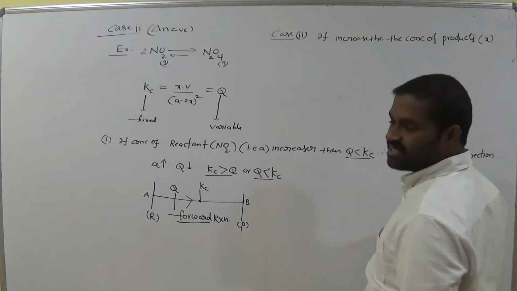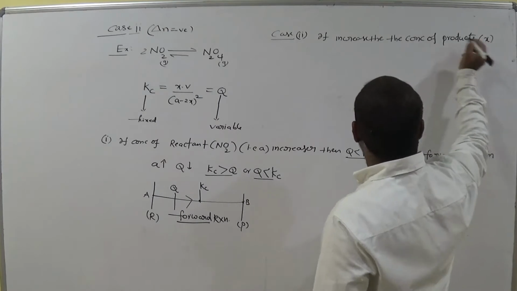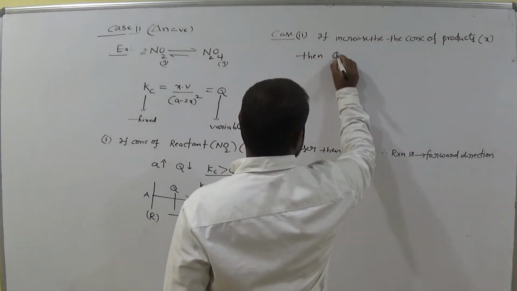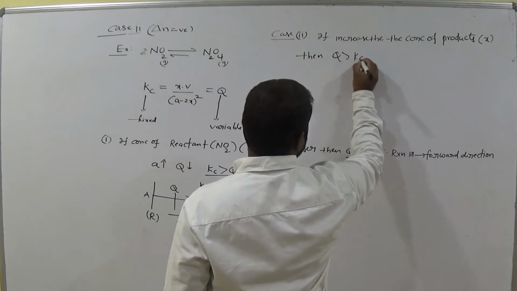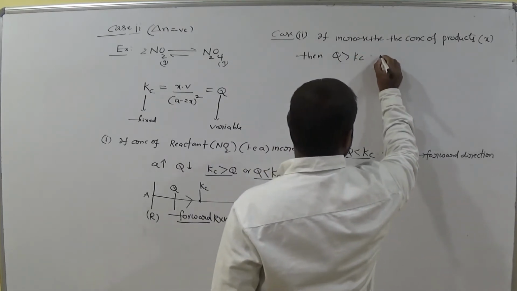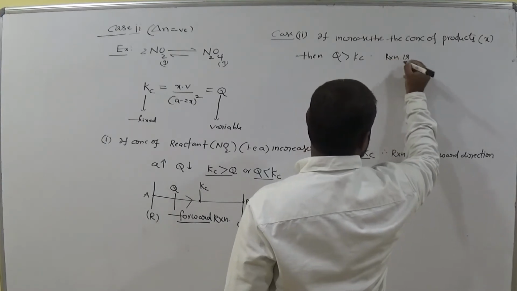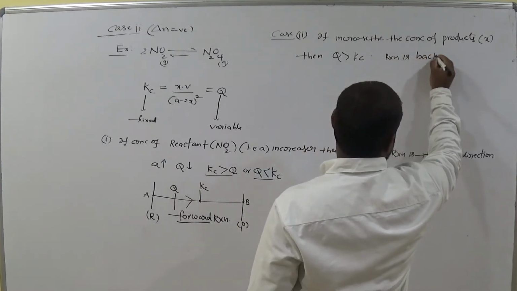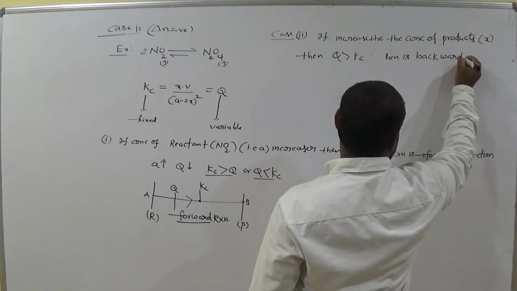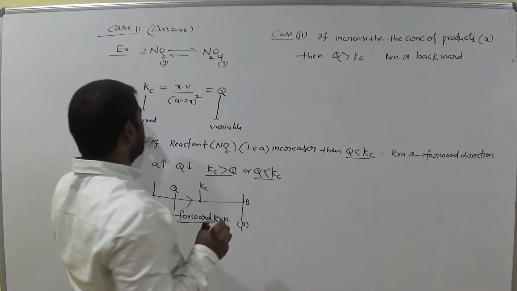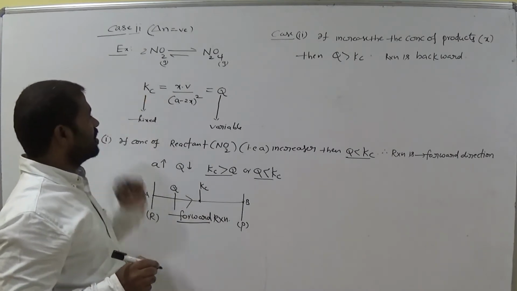X concentration. Then Q is greater than Kc. The reaction goes in the backward direction, or reversible reaction. So compare this equation here.